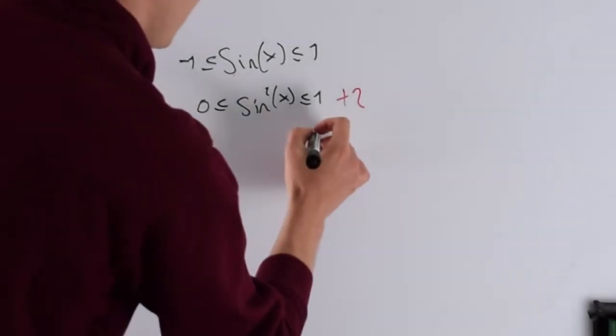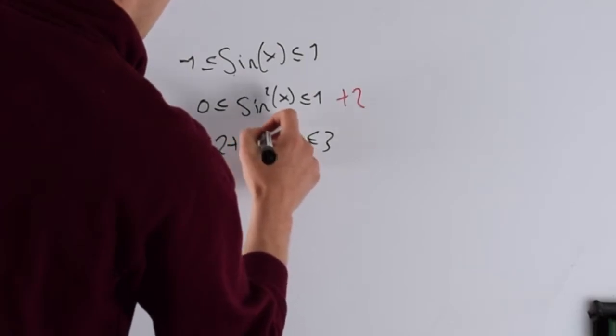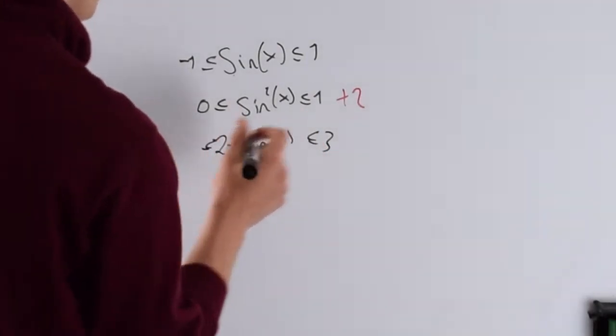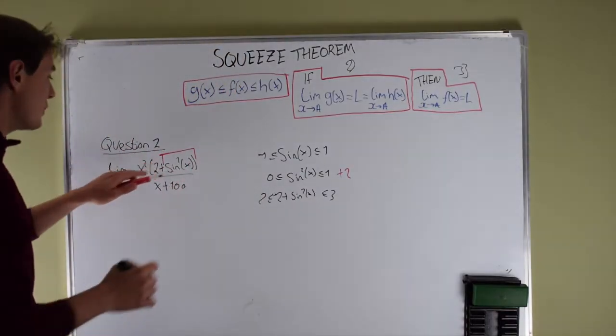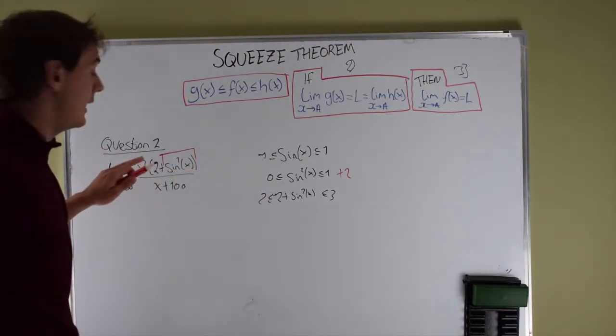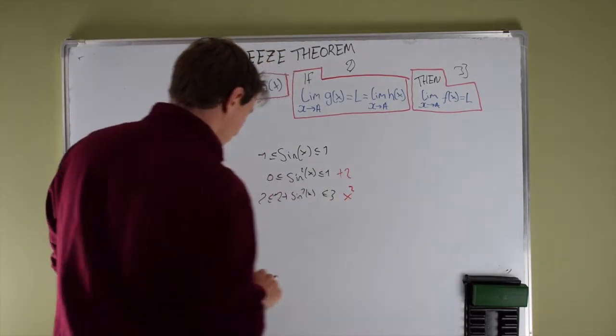So we've got on this side 3 and then 2 plus sine squared x, and then on the left side we've got just 2. Okay, so now we've nearly got the top part, we're just missing the x squared, so we're going to times everything by x squared.